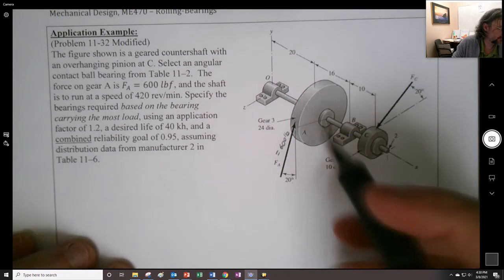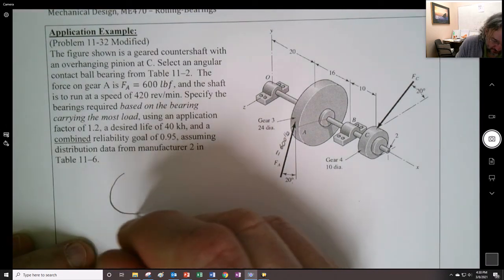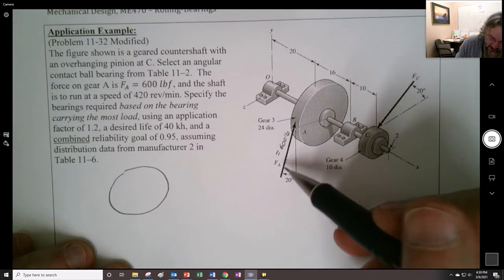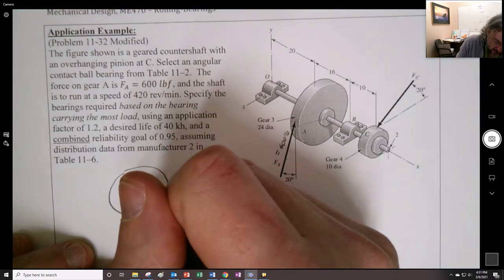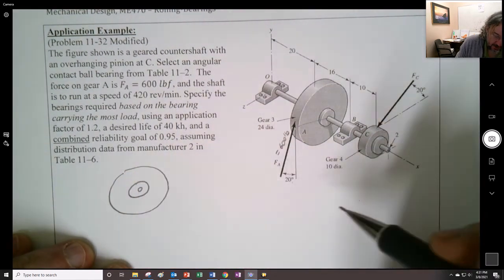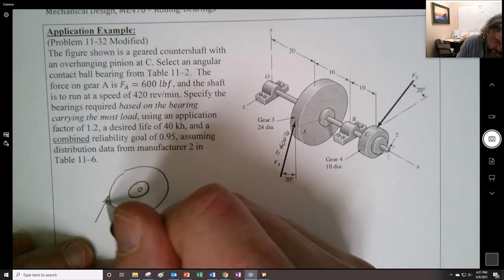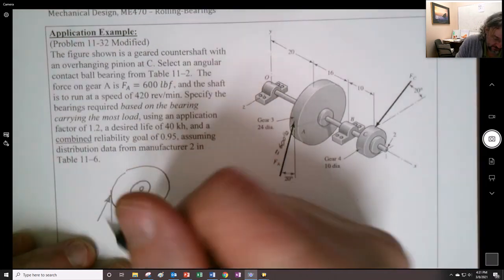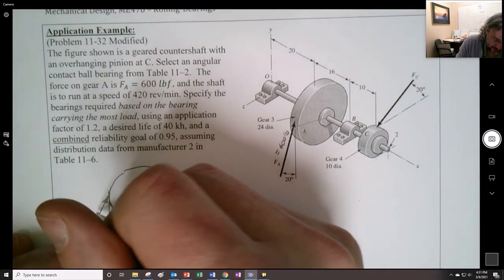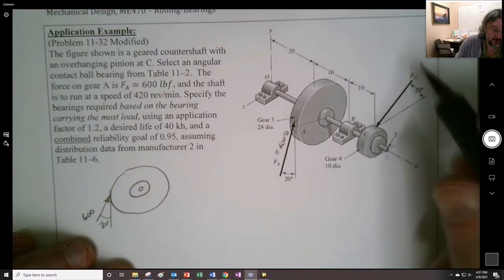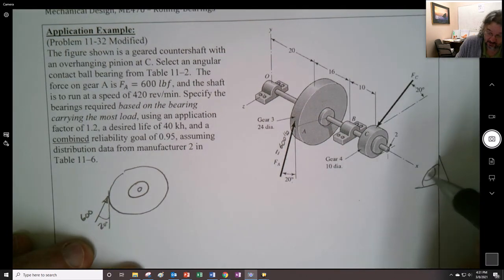So we want to figure out what the other force is. They only gave us FA, so I think the best way to do it is to do a free body diagram right here where we have the 600 and we have our 20 degrees. So this is the big eye looking this way right here.